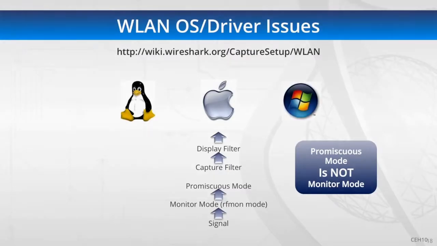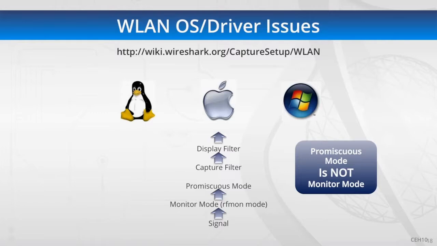You could do the exact same thing for a Microsoft operating system. For Mac, you have to realize the signal's coming through and then you get into what's called monitor mode. Monitor mode and promiscuous mode are two separate things. You're allowed to monitor and then you go into promiscuous mode. That allows you to do capture and display filters.